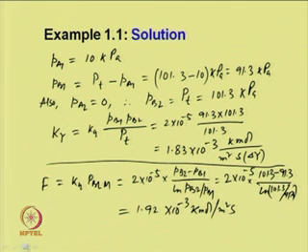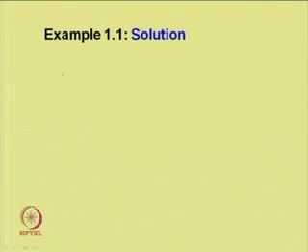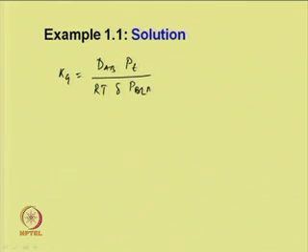So to calculate the film thickness, we know Kg is dAB Pt divided by RT delta PB ln.